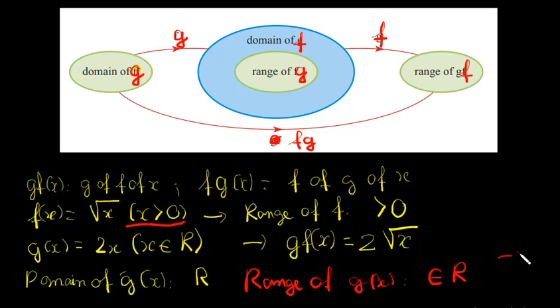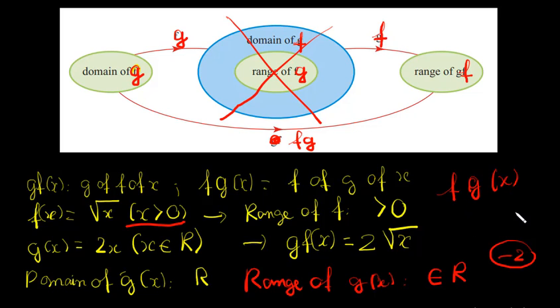Let's take -2 and put it into f, where x must be greater than 0. It will not be suitable, so we cannot find the function f of g of x, because the range of g is not contained within the domain of f. This one failed, so we don't have the function f of g of x.